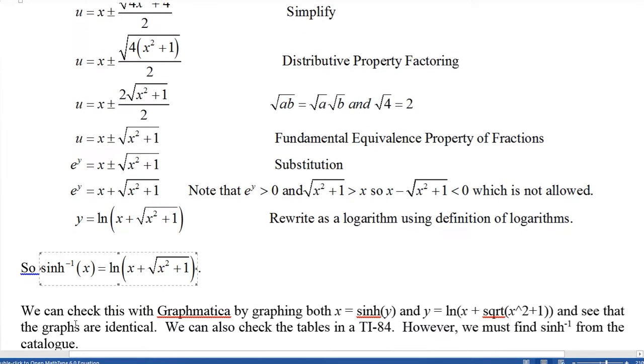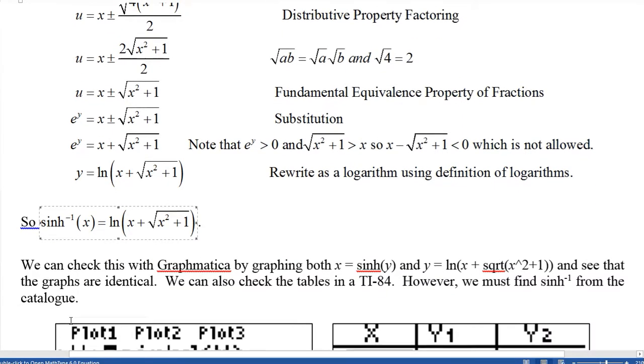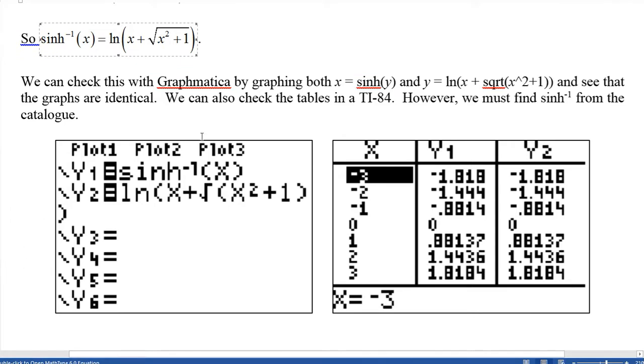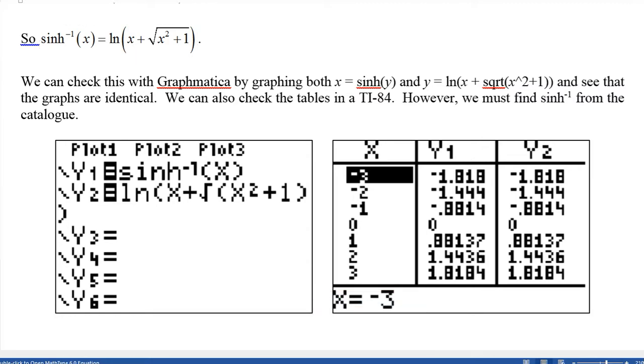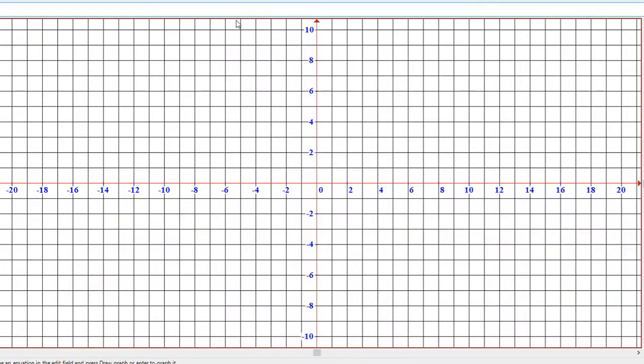Now, first of all, let's check this with Graphmatica. One way we can check it with Graphmatica, let's see if I can show you that here. So let's graph a couple things. First of all, if we graph y equals sinh of x, that's built in Graphmatica, so there it is.